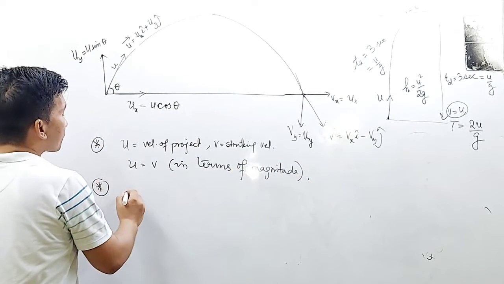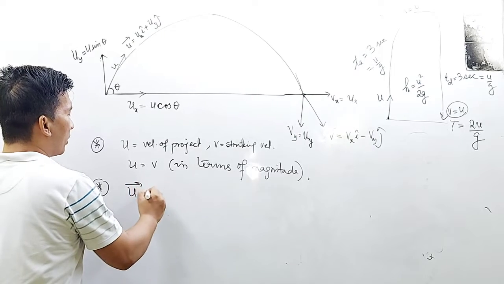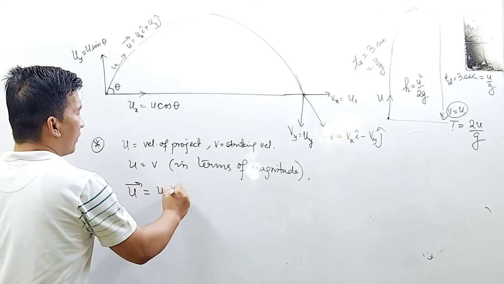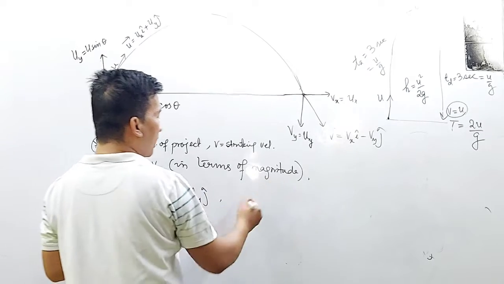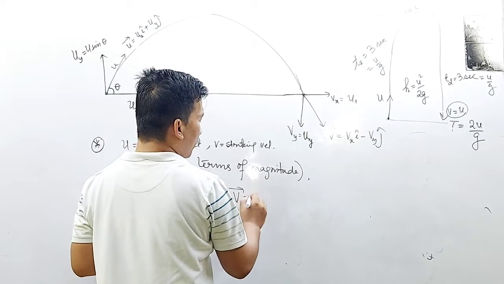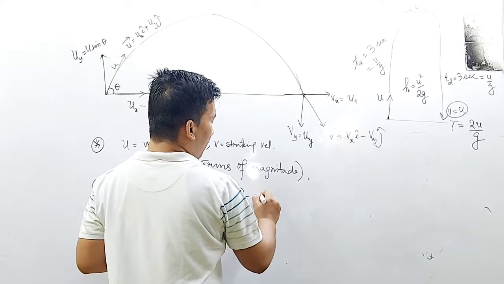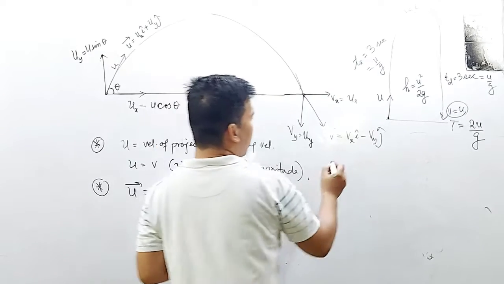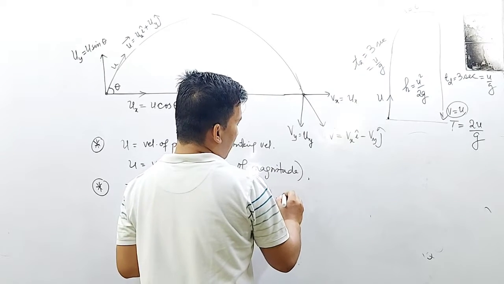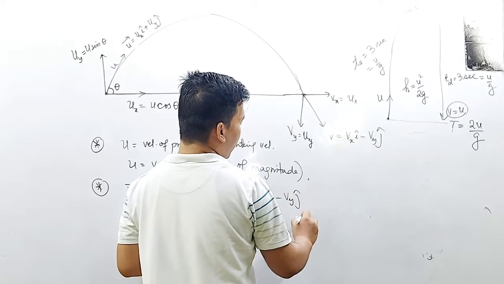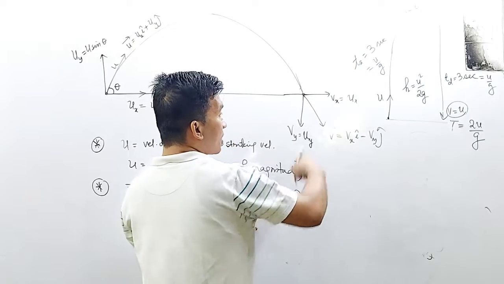In terms of vectors, u vector will be equal to ux i cap plus uy j cap, and your v vector, the striking velocity, will be vx i cap minus uy j cap, and vx is equal to ux.